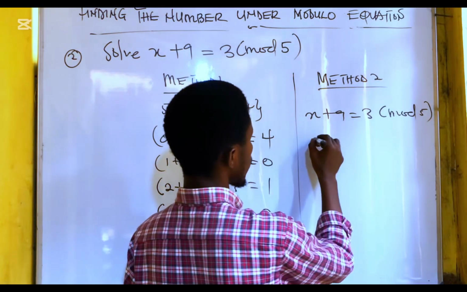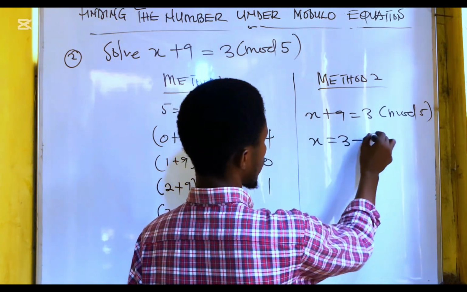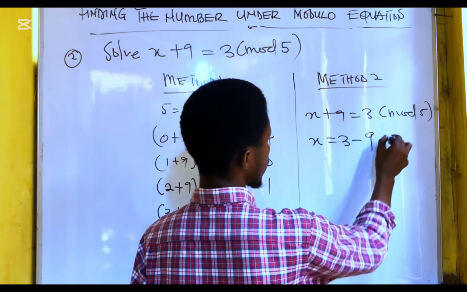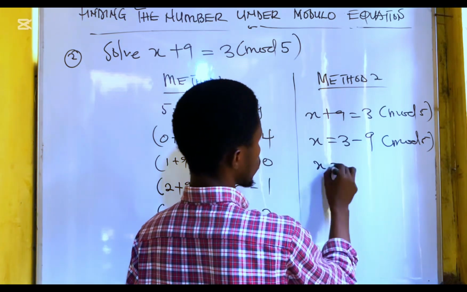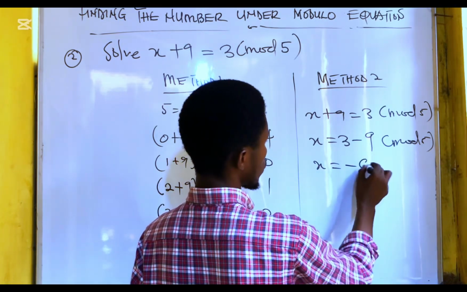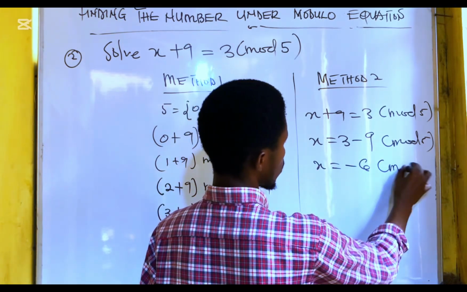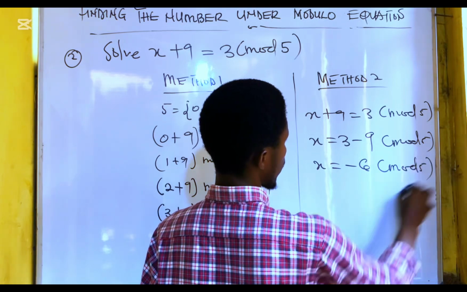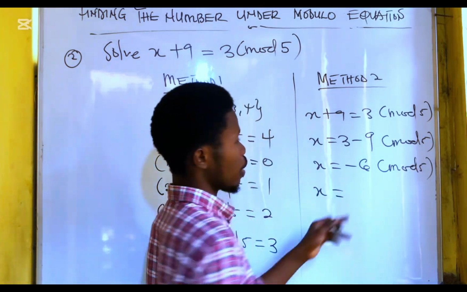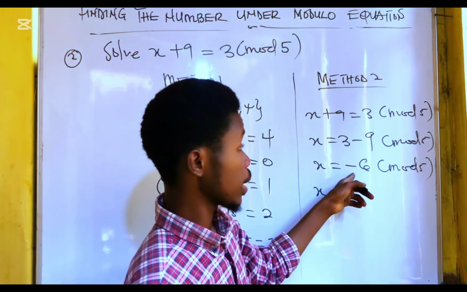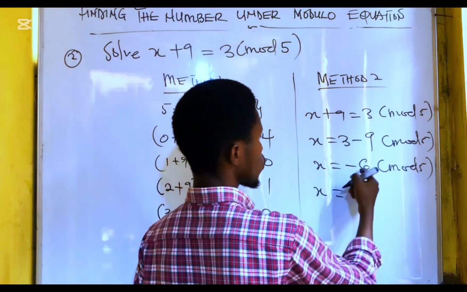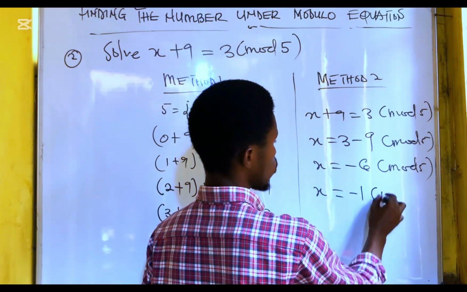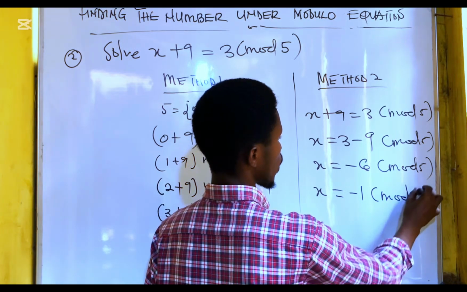So here, we are going to have x equals 3 minus 9 mod 5. So x equals 3 minus 9 is negative 6 mod 5. Now remember, when you have a negative number like that, under any mod, you add the mod to it. So you have to add 5 to this one. That will give me negative 1 mod 5.